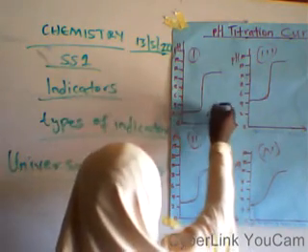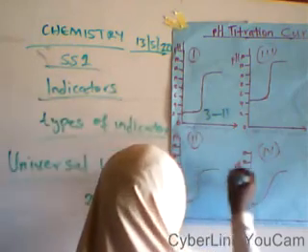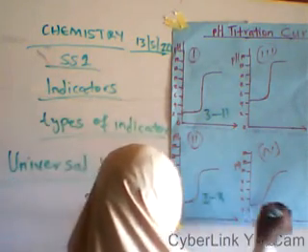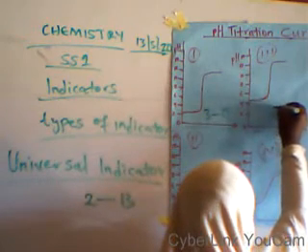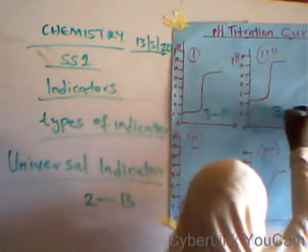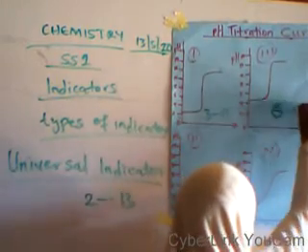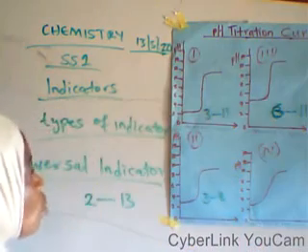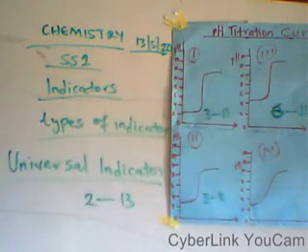I said this one, 3 and 11, this one, 3 and 8, and this one is between 6 and 11. So the indicator that can detect change between these can be used.